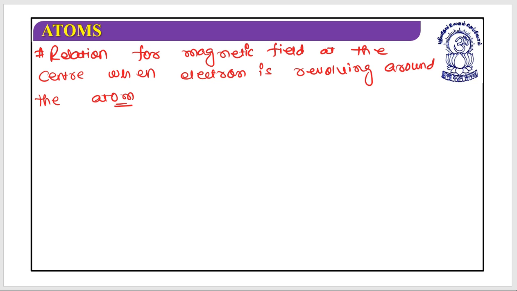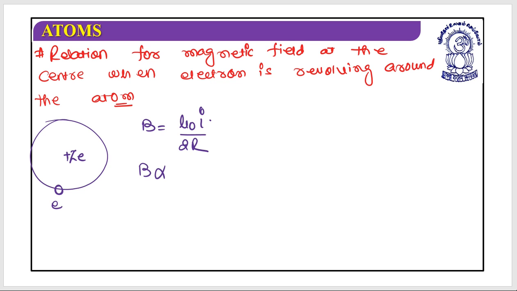As I know, if this is the center element, let's call it Ze, and this is the electron revolving around it, then it will produce a magnetic field, which can be calculated as mu naught I by 2r. So basically B is directly proportional to I by R.